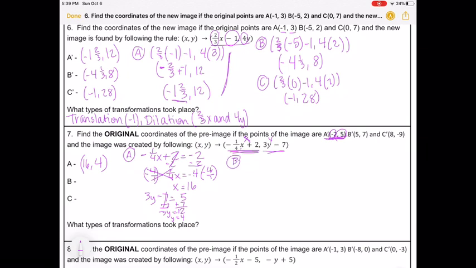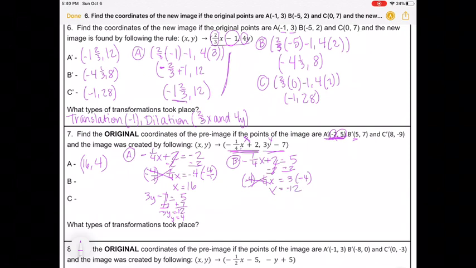Okay, so for B, if I set this up, I'm going to do negative 1/4 x plus 2 equals, their x value was 5, minus 2, negative 1/4 x equals 3, again multiplied by the reciprocal, which is negative 4/1, or just negative 4. Same thing over here, x equals negative 12.